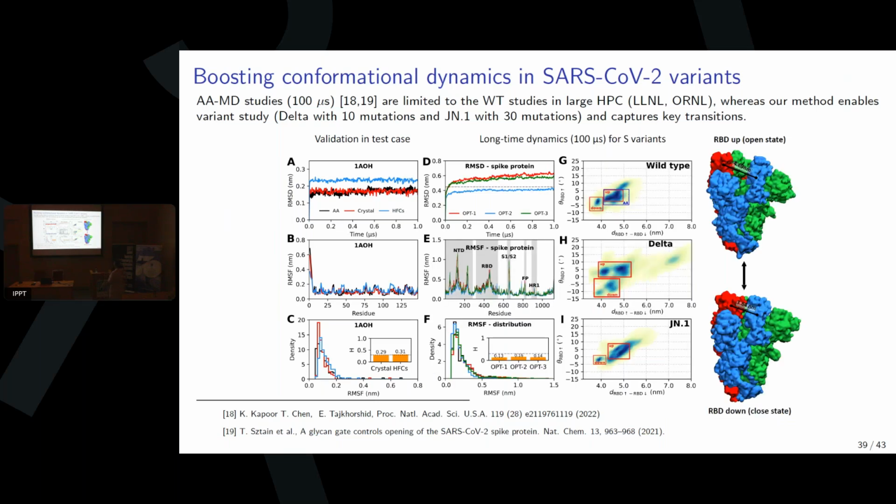If you look now at a different system, let's look at the spike protein, over 100 microseconds of time scale. Across different variants, you recreate all the pipelines of setting up GōMartini simulations. You could study this process; here I'm showing only 1 microsecond.